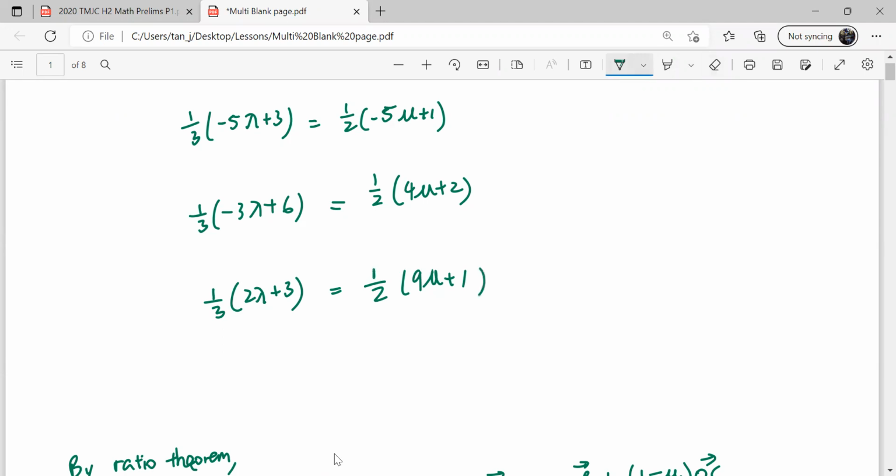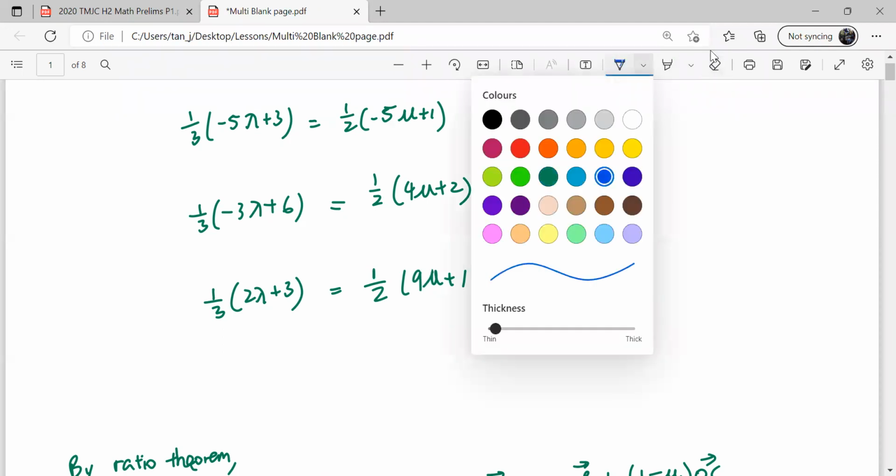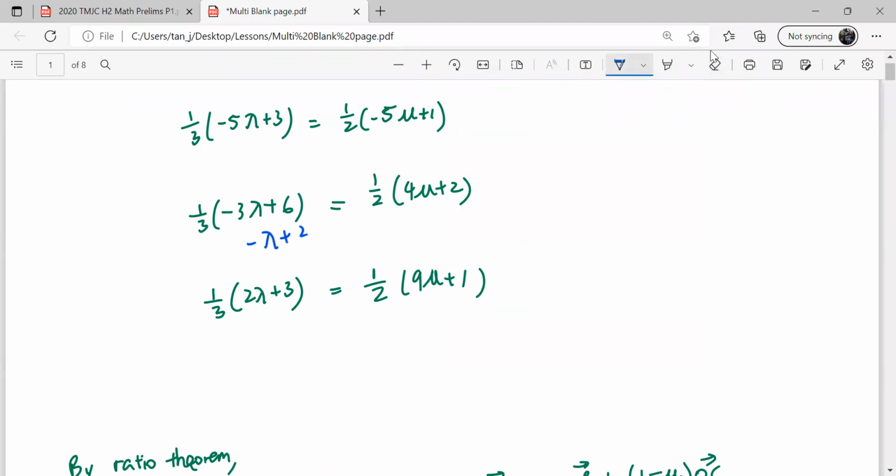Okay. For this one, this is simplest. Just before that we have minus lambda plus 2 equals 2 mu plus 1. So this one will give us lambda plus 2 mu equals 1. This one will be cross multiply: negative 10 lambda plus 6 equals negative 15 mu plus 3.